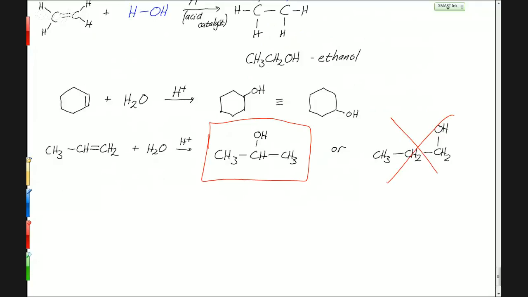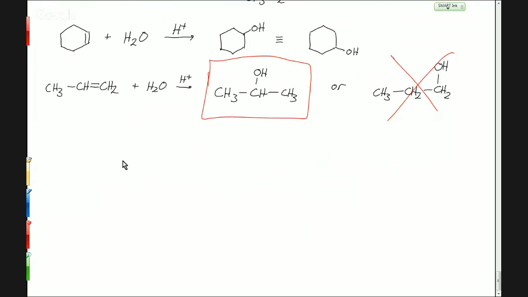The OH goes on the middle carbon because that carbon is connected to other ones. The other way you can think about it is the hydrogen goes to the carbon with the most hydrogens connected to it. So the hydrogen from the H2O went right here because over here that carbon had 2 hydrogens and this one had just 1. Whichever way you like to keep that straight, you can take a look at it in the book and do some practice with that.